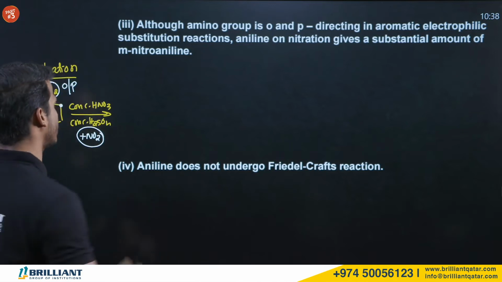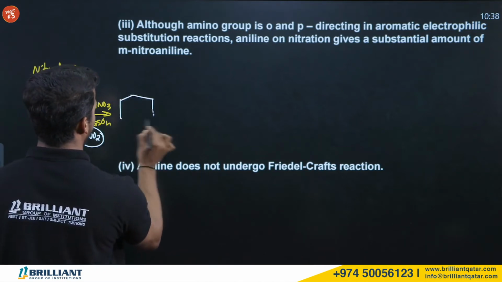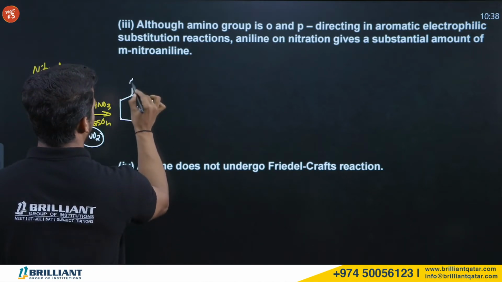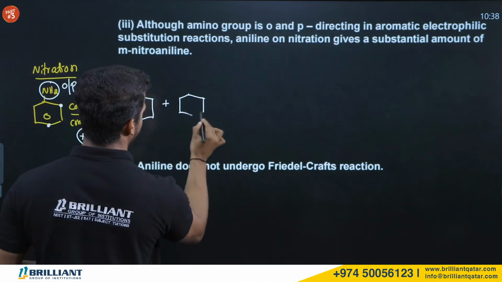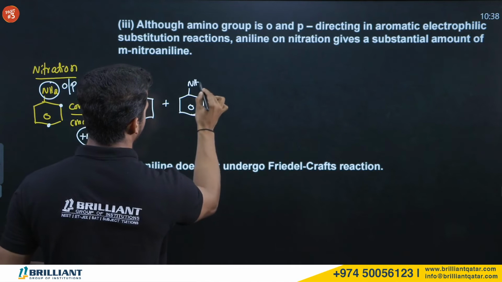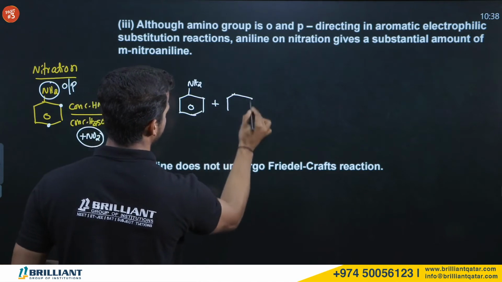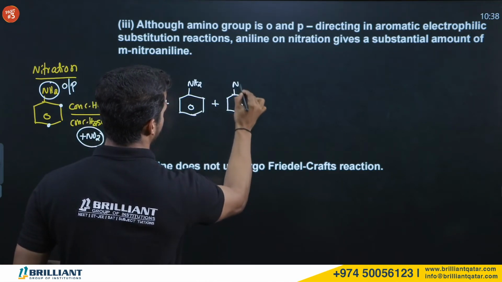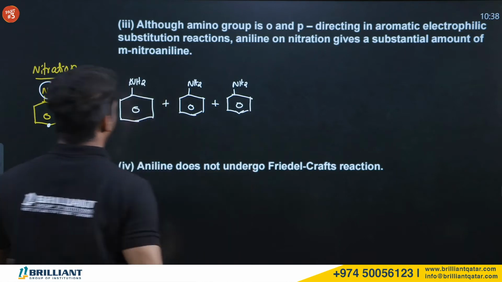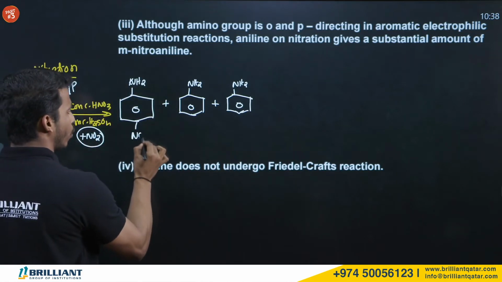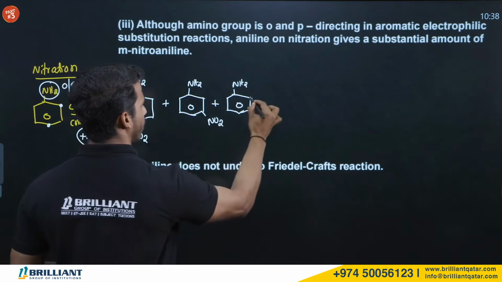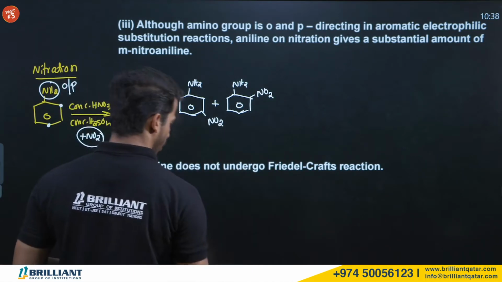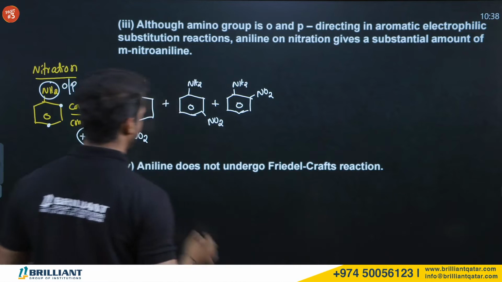You may have studied what product is going to form here. This is aniline. You are getting nitro group para, nitro group meta, nitro group ortho. You have studied the percentage of the compounds also.